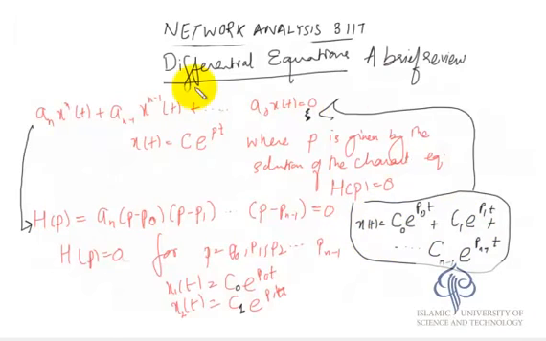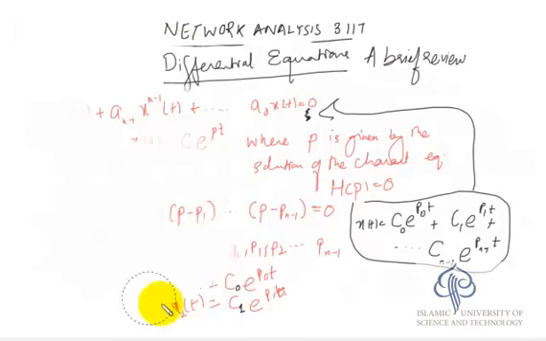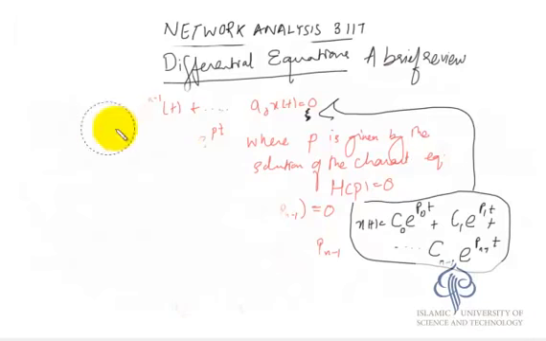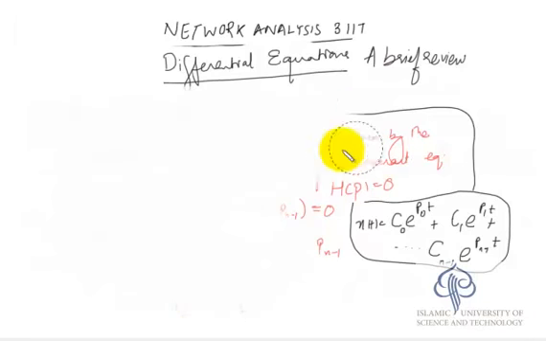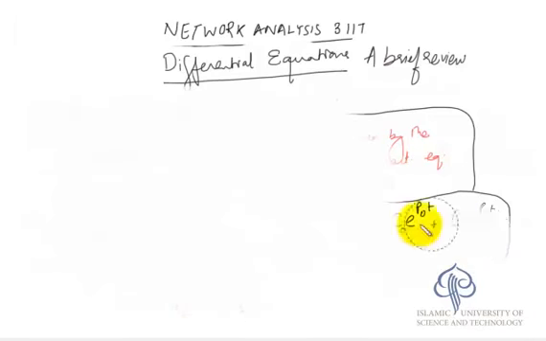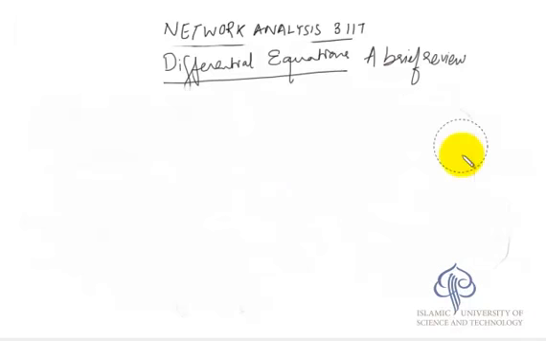Then there are distinct cases which arise because of different kinds of characteristic polynomials that you'll get. For example, if you have a repeated root, your case becomes slightly different. If you have a complex root, your case becomes slightly different.